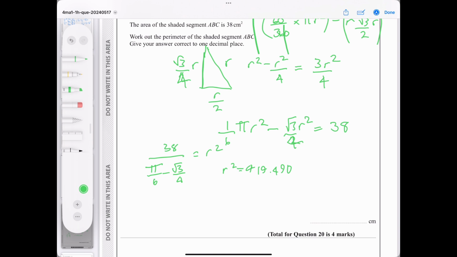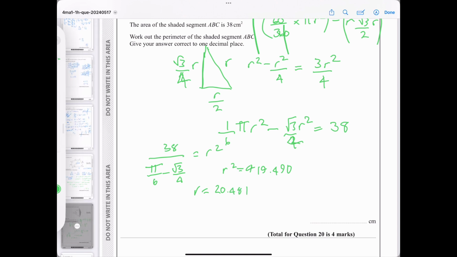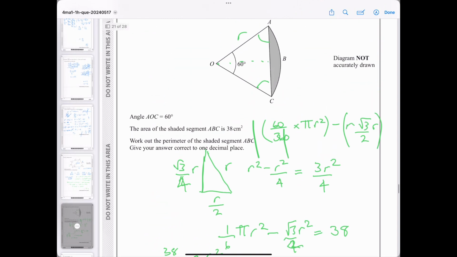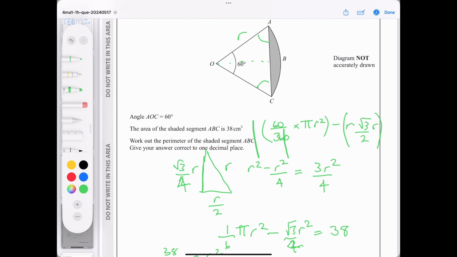So let's square root that to get r. That's 20.48, so r equals 20.481. Right, what am I trying to find? Ah, the perimeter of the shaded segment. I'm not even sure whether I needed to get that done. So now we know that r equals 20.481, etc.